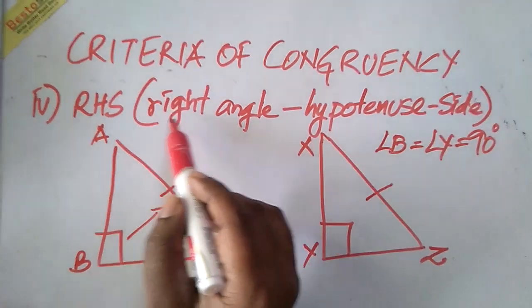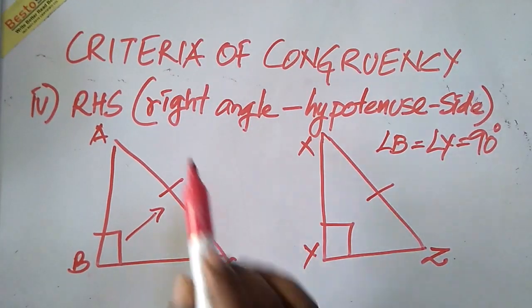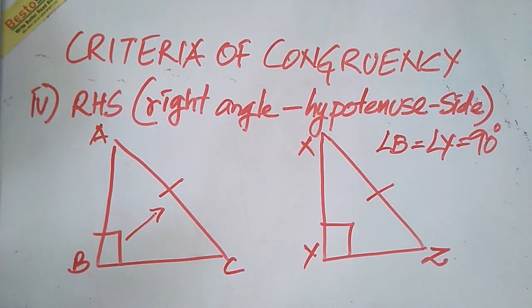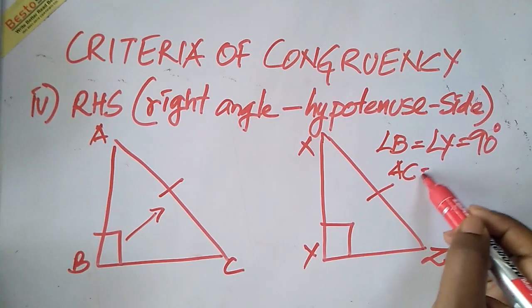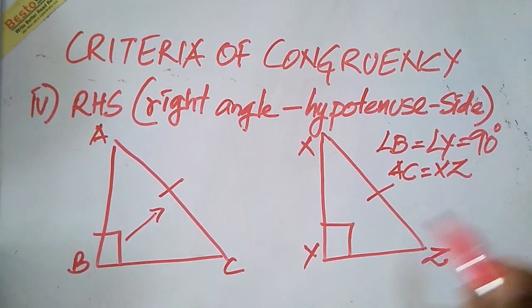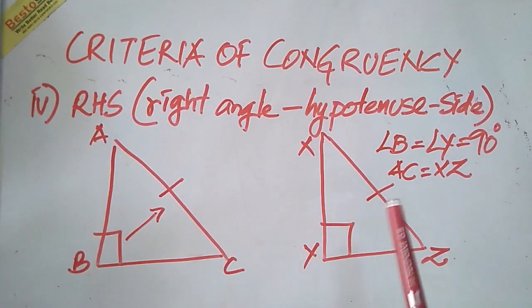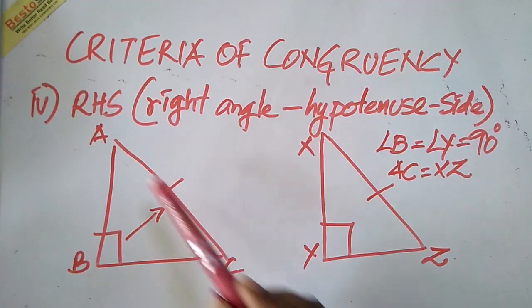This proves that these two triangles are right angle triangles. Hypotenuse, like I said, is opposite to the right angle, that is AC and XZ. So we can say that AC is equal to XZ. What's the reason? Because these two are corresponding hypotenuse.